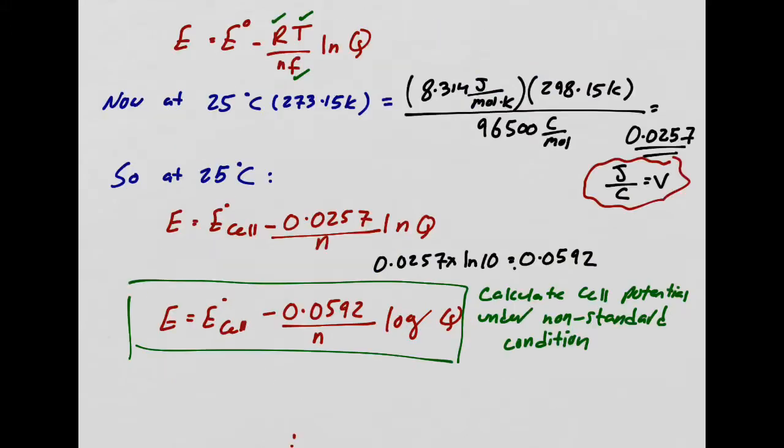Now, what happens if they're not under standard condition? They're not 1 molar, and then what I would have to do is use a Nernst equation. Now, this is a Nernst equation at 25 degrees, and most of the reactions we are doing are at 25 degrees. But if you do a non-standard condition, where you don't have 1 molar concentration, this is the Nernst equation you use.